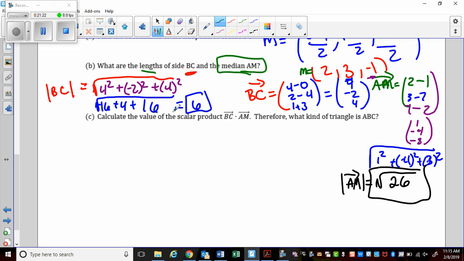Calculate the value of the scalar product BC dot AM. Therefore, what kind of triangle is it? So, BC, we know, is 4, negative 2, 4.